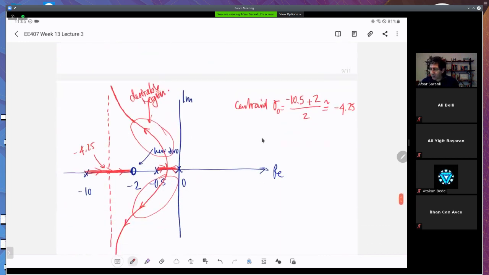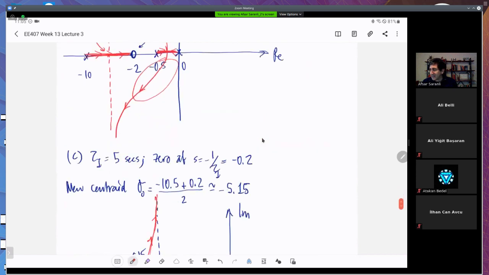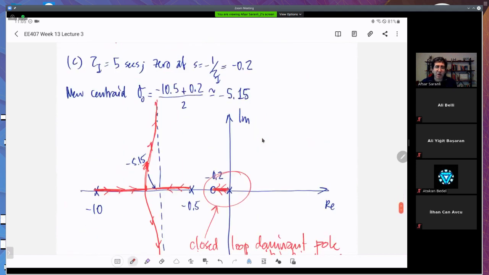B was very promising, actually, and C did not turn out to be that promising. So it did not help us to increase the integral time constant further. Okay, around 0.5 we had a favorable response.